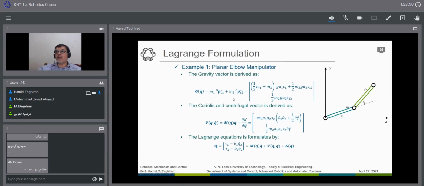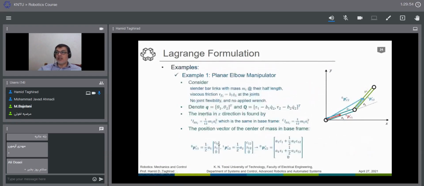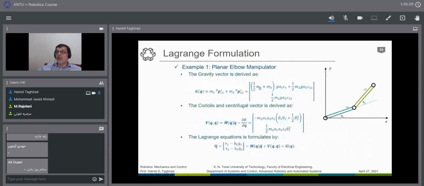The G is multiplied by PC1, and also PC2, and you can see that M1 is only multiplied by A1C1, as you see here, M1 A1C1 with half. M2 is multiplied by A2 and A1. Both of them come into the picture. Very simple manipulation here.